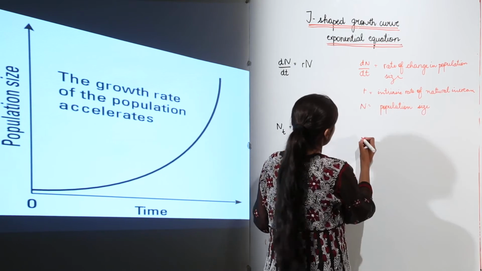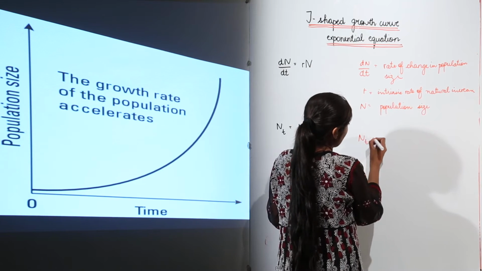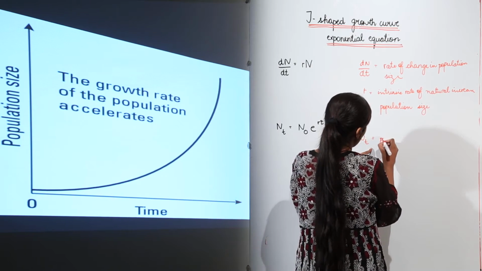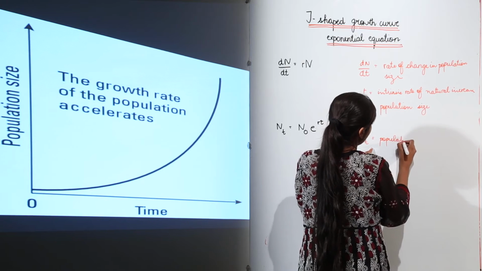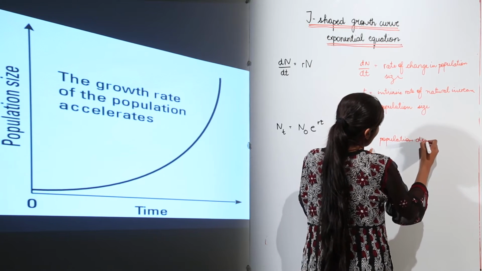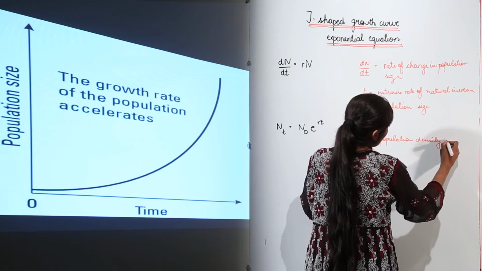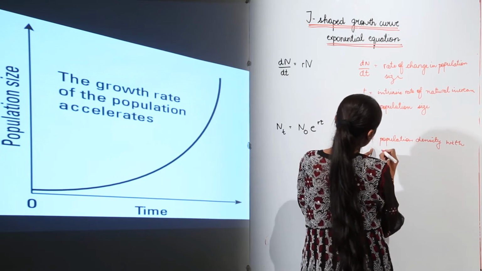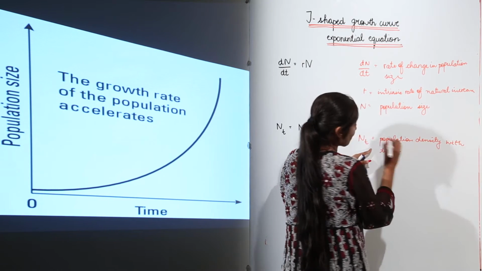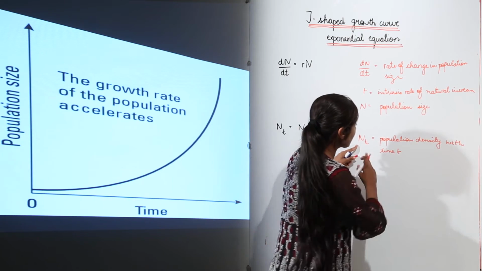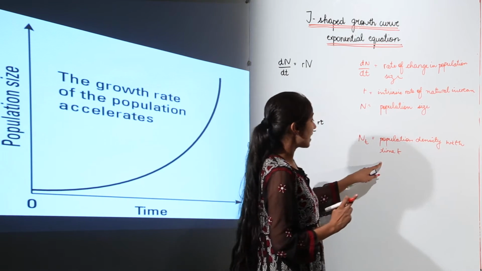Nt means population density at time t. We have a specific time t, so Nt represents population density at time t.